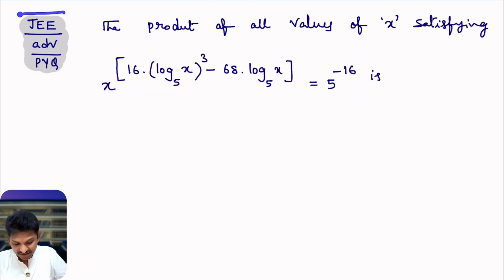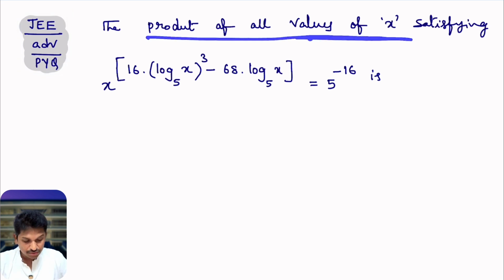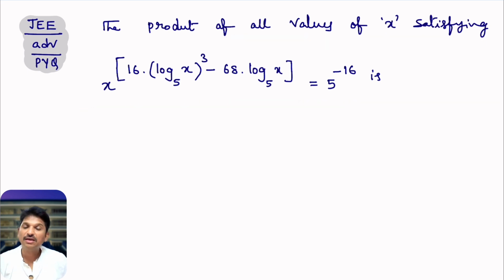You see, this is a JEE Advanced previous year question. What they are asking: the product of all values of x satisfying this equation. As usual, my recommendation is pause this video, try your own. The tricky part is, you see log x base 5 is there now.